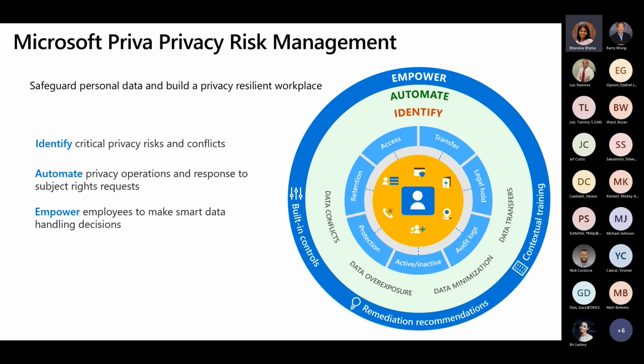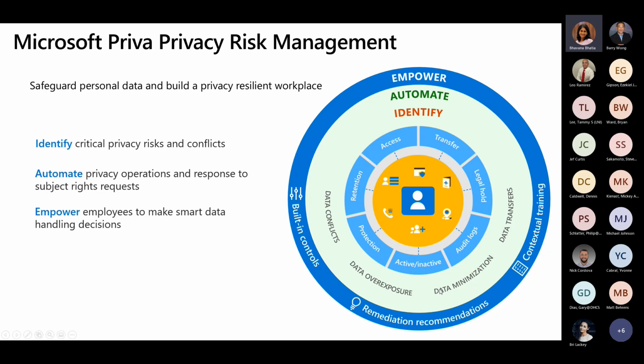The Priva privacy risk management solution helps you identify the personal data within your organization, and it also helps you understand the privacy risks around that data. You can get additional insights on the personal data, like whether it is overshared and overexposed to people within or outside the organization.